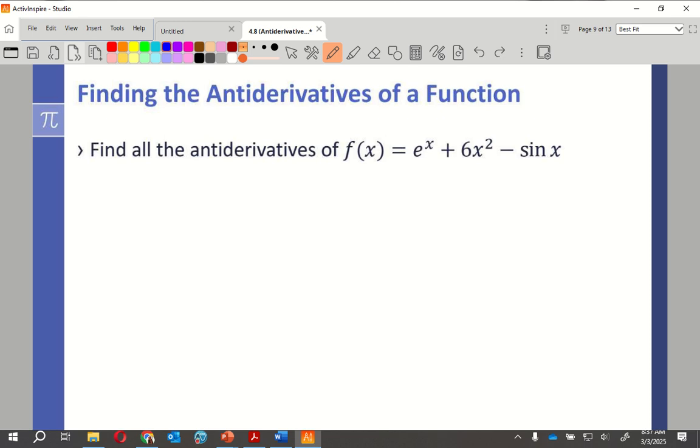Find all the antiderivatives of this. This one should be easy. You ready? This is going to give me capital F of x equals e to the x. Remember, what do I do first? Add 1 to the exponent, right?